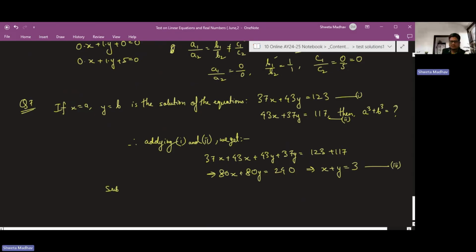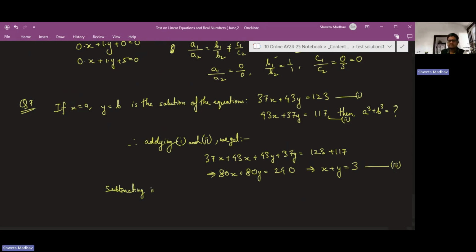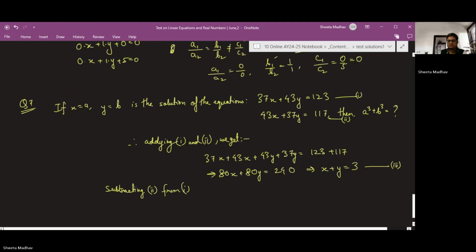Then subtracting equation 2 from equation 1, we will get 37x plus 43y minus (43x plus 37y), which is equal to 123 minus 117.